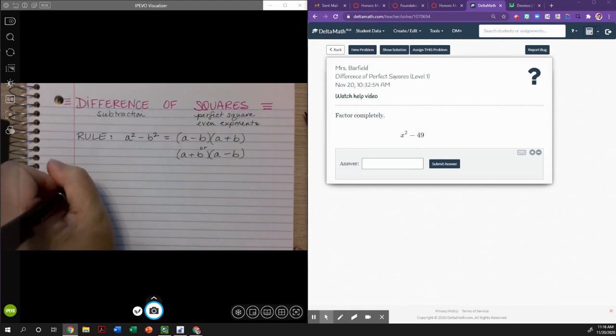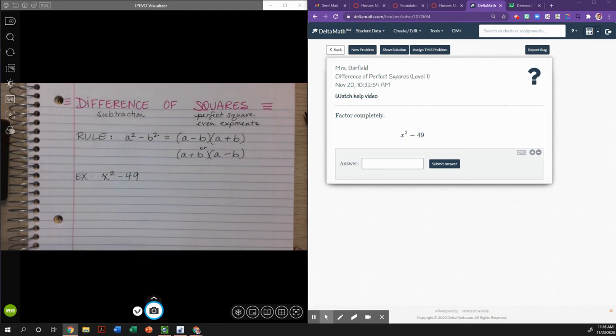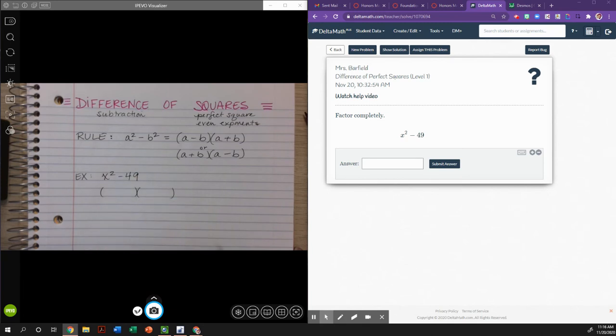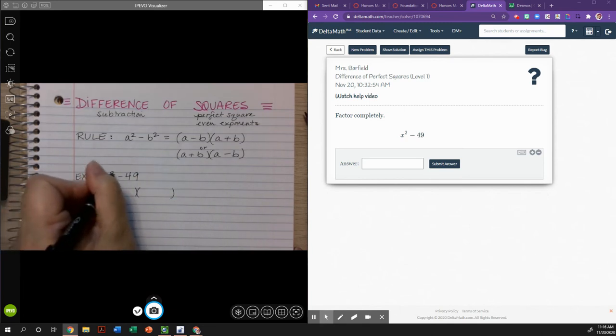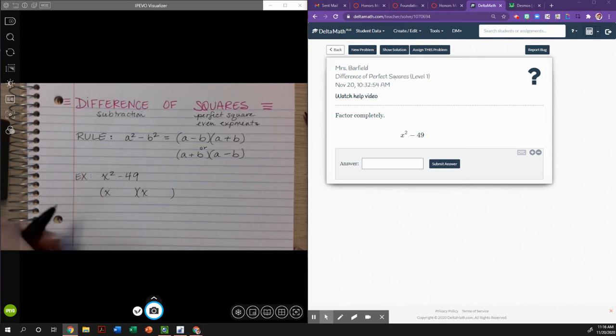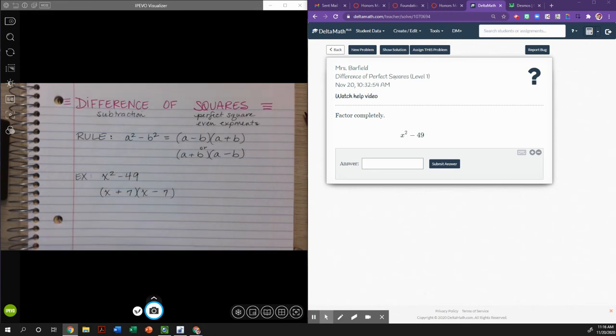So if I look at my example here in Delta Math, x squared minus 49. Okay, I have even exponents and I can take the square root of 49. The square root of 49 is 7. So all I do here is I have my two parentheses, x squared divided by 2 exponent is x to the 1, so I have an x here and an x here, plus and a minus, and then the square root of 49 is 7.